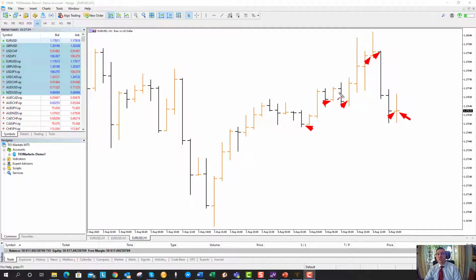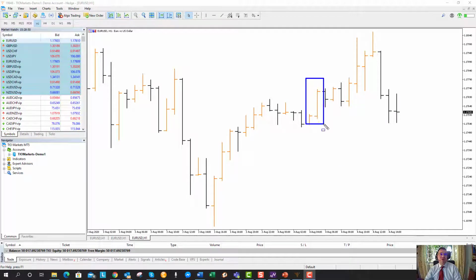And when you see the different color bars, in this case we've got the darker color, and then we've got the TIO Markets orange color here. For positive closings, if price opened here and closed here, it's going to be a positive value because price closed above its opening price.